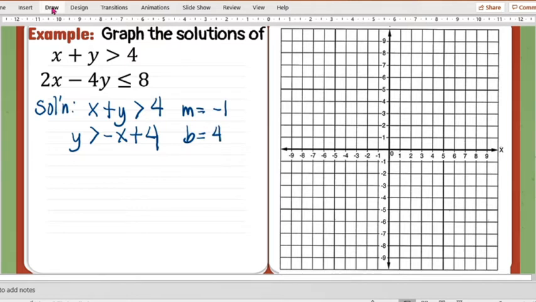Then, I'm going to plot now. I start at the y-intercept, which is (0, 4).